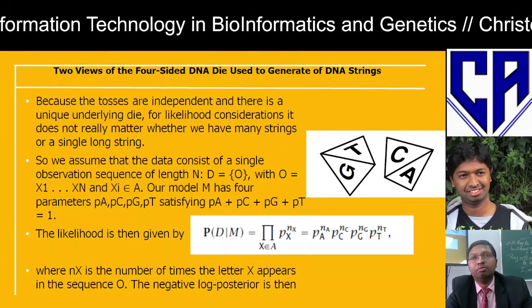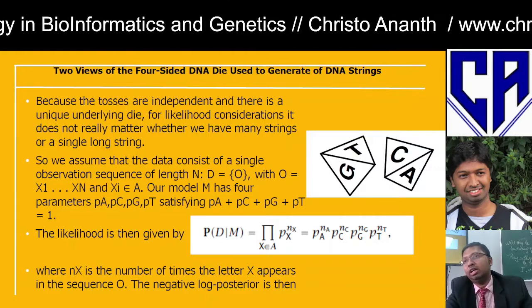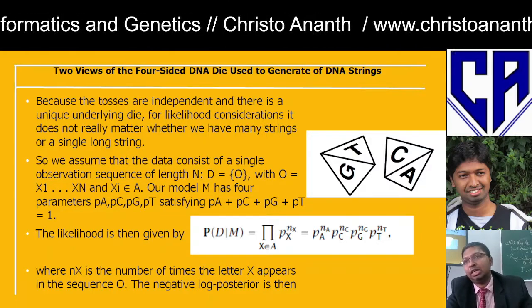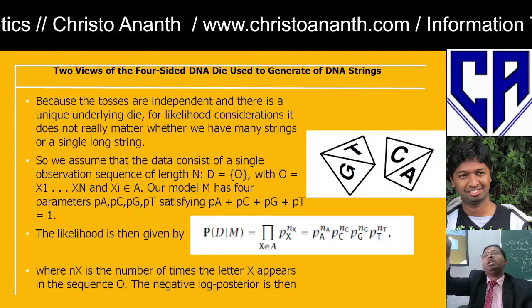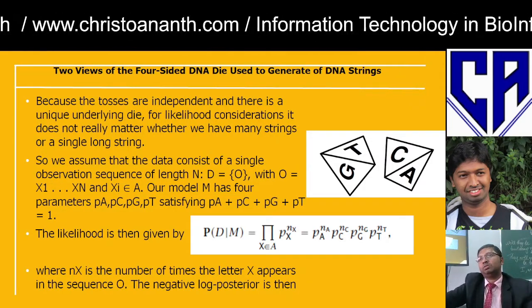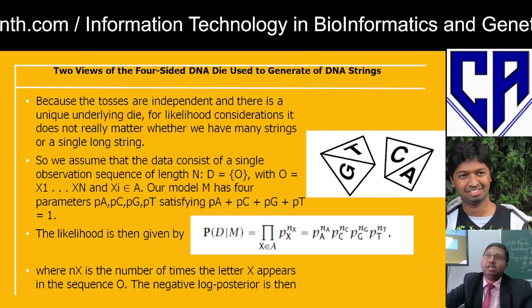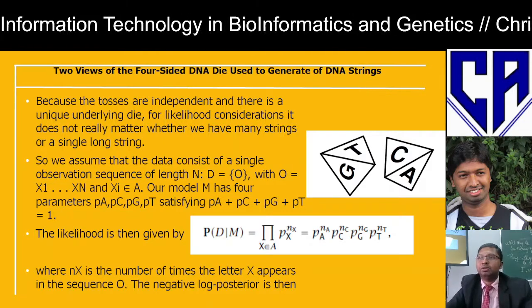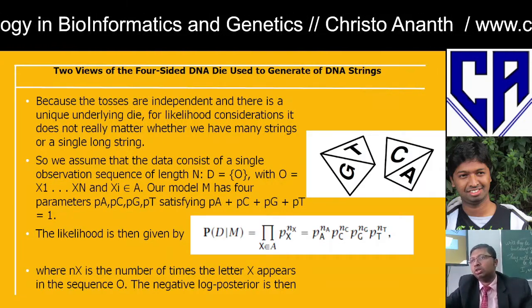If you take a coin, you will have head as well as tail. What is the probability of head? It is equal to 1 by 2. What is the probability of tail? It is also 1 by 2. If you add 1 by 2 and 1 by 2, you get 1.